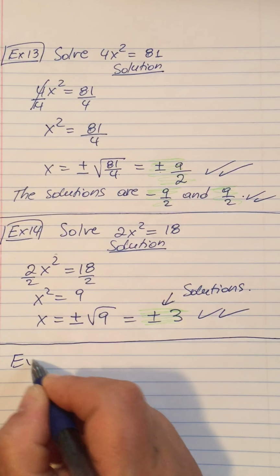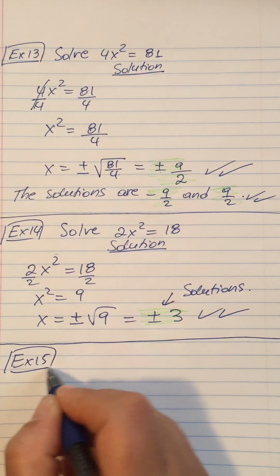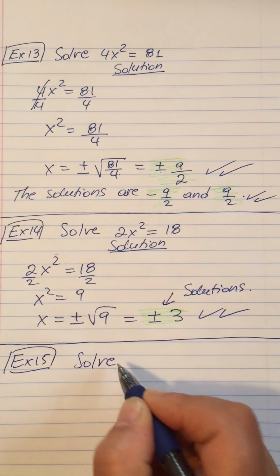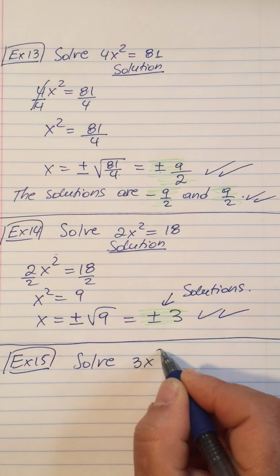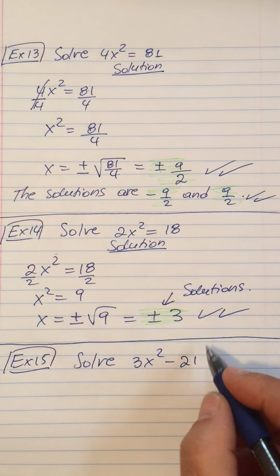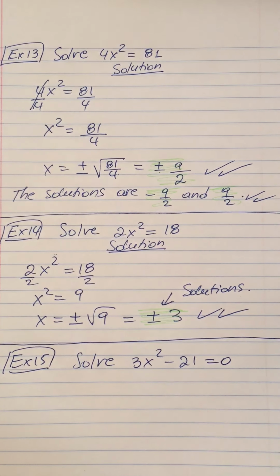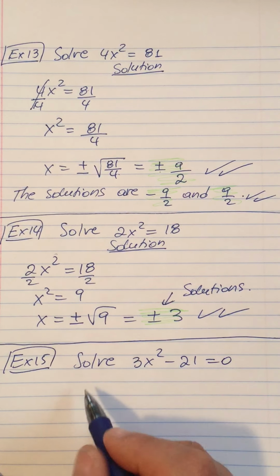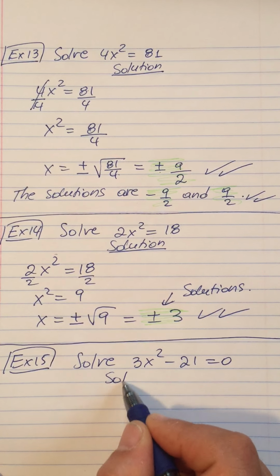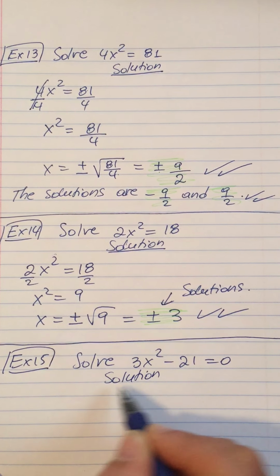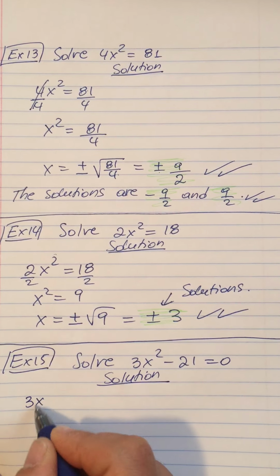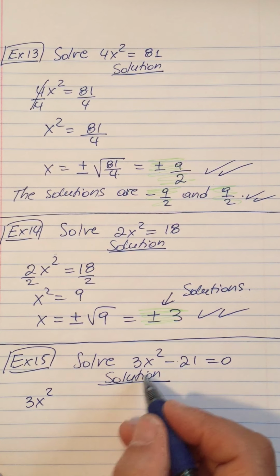Now let me do the last example. Example 15. Solve 3x squared minus 21 equals 0. Okay, now I want to solve this equation. I am happy when I see that there is not an x term there.